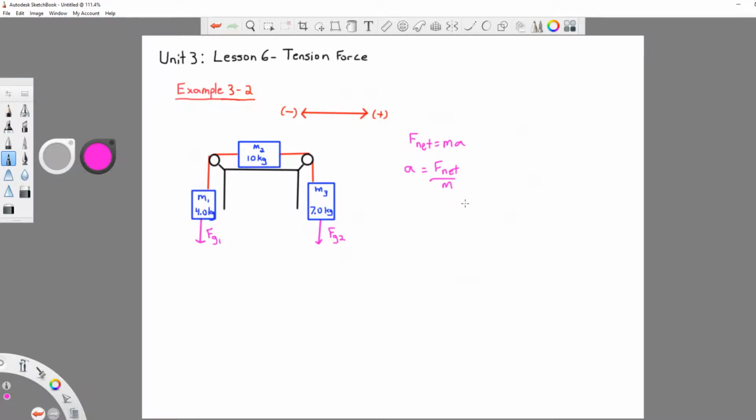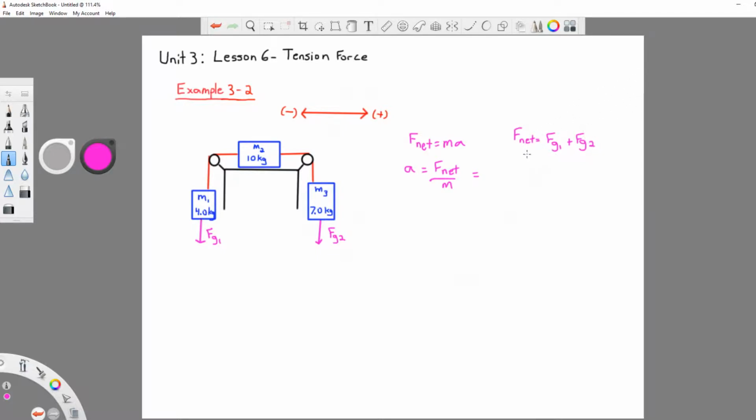Alright, we've seen things like this already before. Our FNet in this case is equal to FG1 plus FG2.